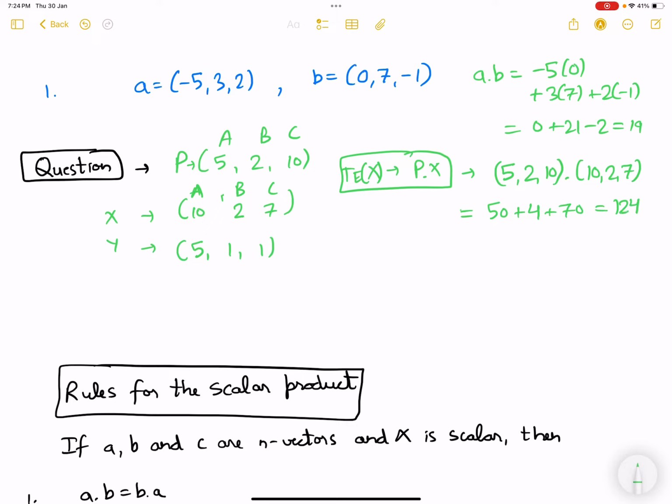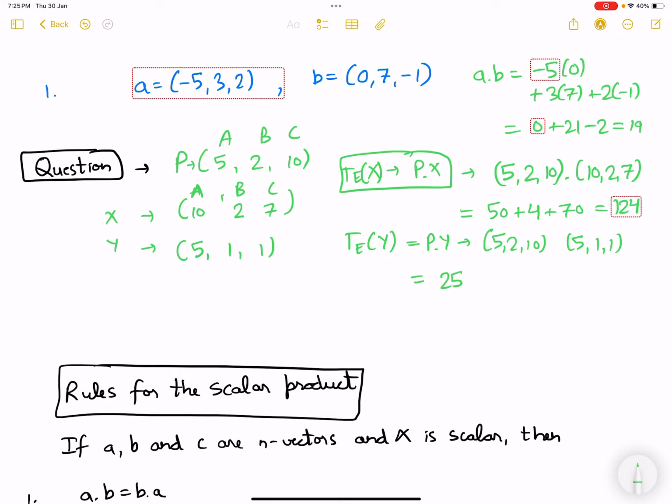Whereas the total expenditure by Y is P into Y, which is 5, 2, 10 into 5, 1, 1. So this would be 25 plus 2 plus 10, which is 37.